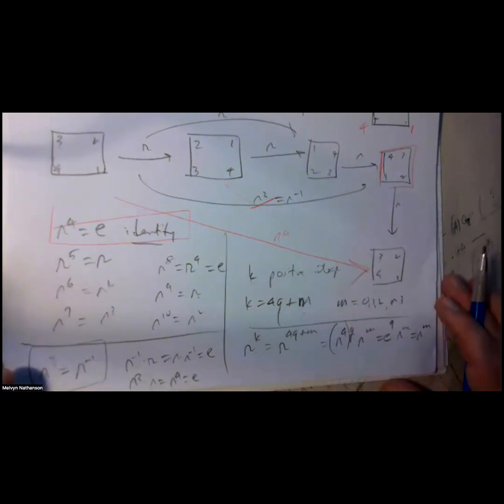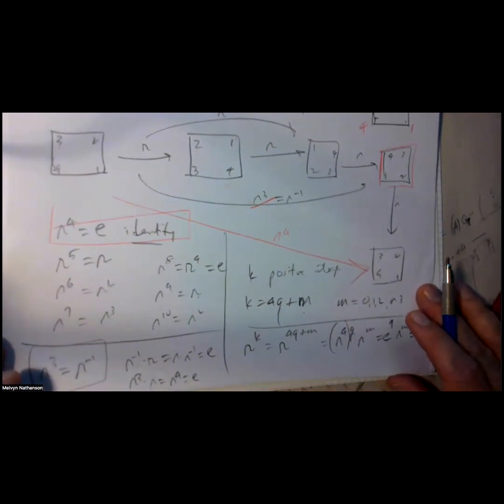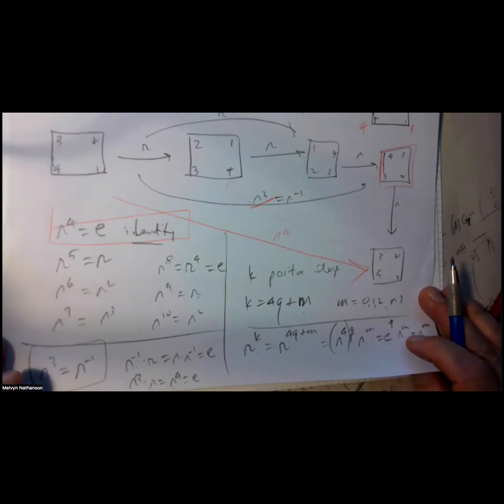But part B really is just to look at the picture and observe that r cubed is the same symmetry, rotation by pi over 2 clockwise instead of counterclockwise. So r cubed is r inverse. Any questions about that?